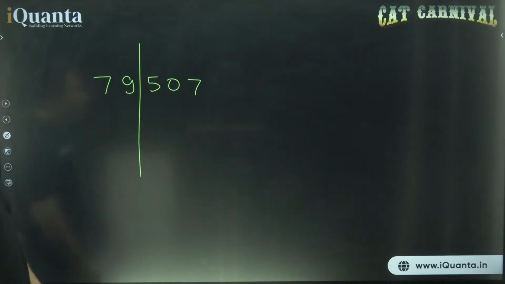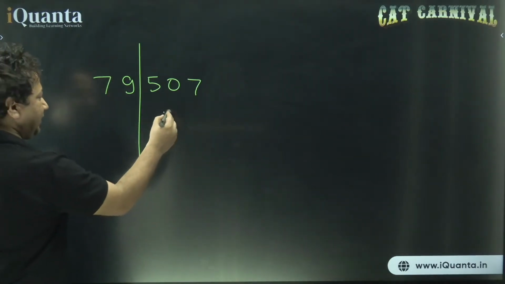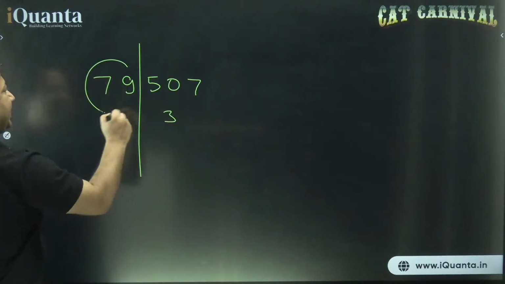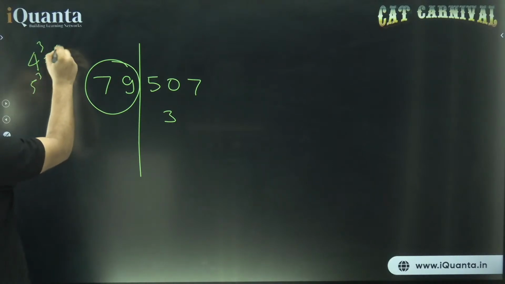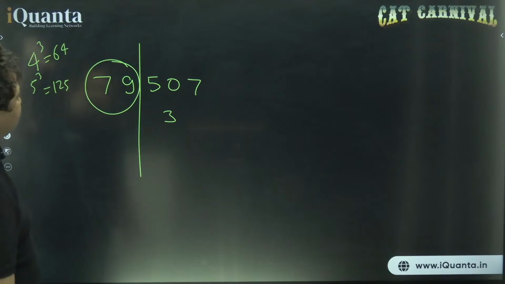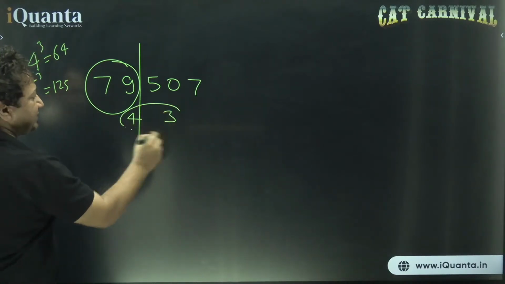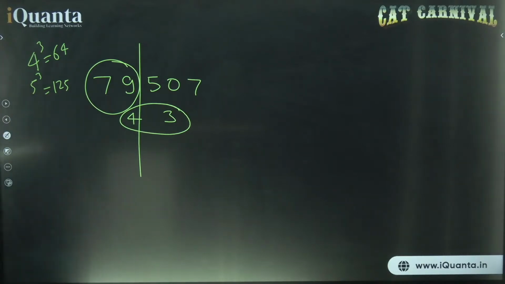This ends at 7, that means its cube root must end at 3, okay? And this 79 lies between 4 cube and 5 cube. 4 cube is 64, 5 cube is 125. As I told you earlier, we'll choose the smaller number, that is 4. Let's put 4 over here, and that is the answer, 43. That's it, done. Nothing can be simpler than this.